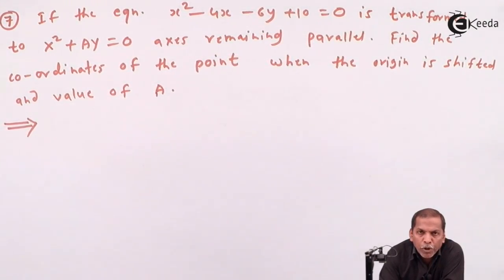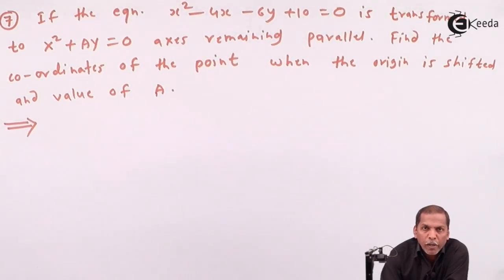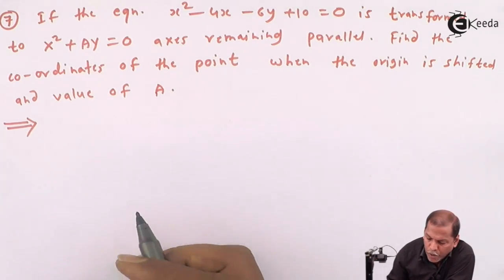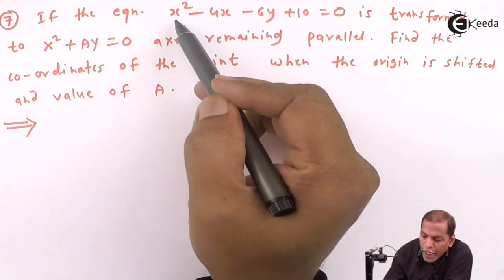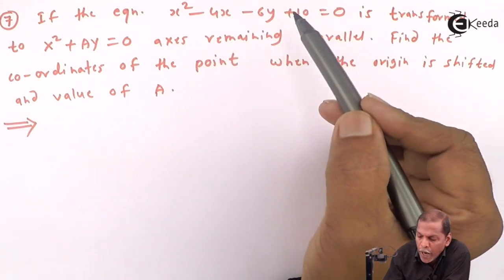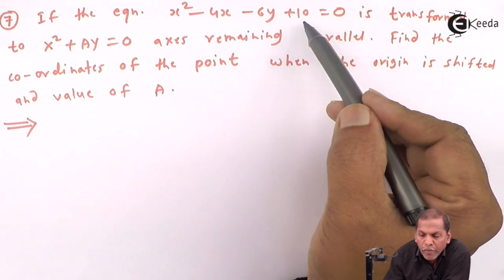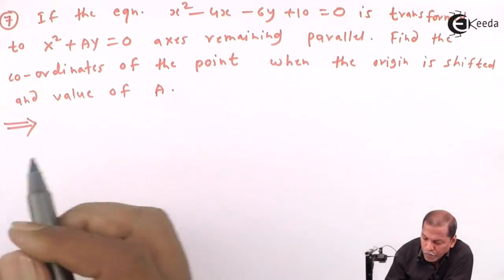Now let's see the solution. The solution is very simple. Now the given equation, that is called the old equation of locus. So the old equation of locus is x square minus 4x minus 6y plus 10 is equal to 0.